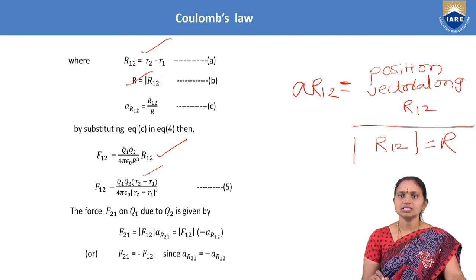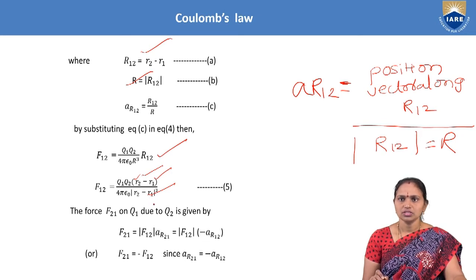The meaning of R12 is R2 minus R1. Sorry, R12 is the displacement vector: position vector R2 minus position vector R1, divided by the magnitude R, which equals the modulus of the position vectors' difference R2 minus R1, to the power of 3.